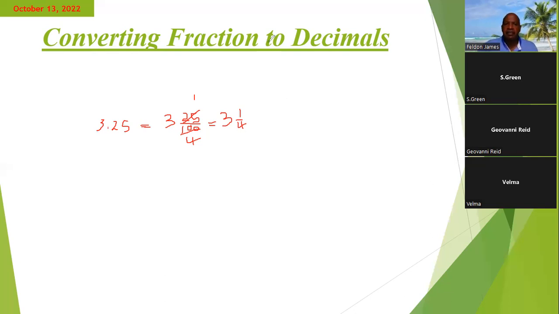All right, so let us now do the opposite of what we have been doing. We have just looked at how we convert decimals to fractions, but now what we want to be able to do is convert fractions back to decimals.